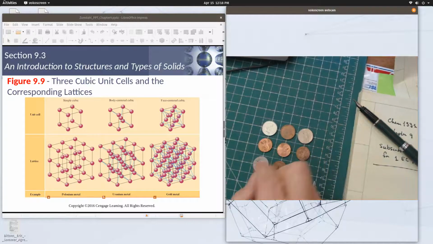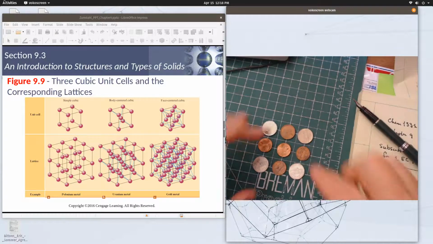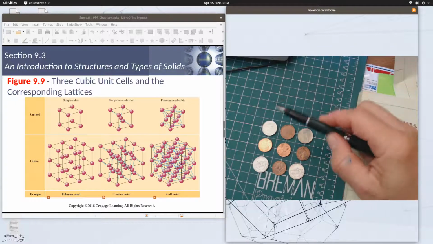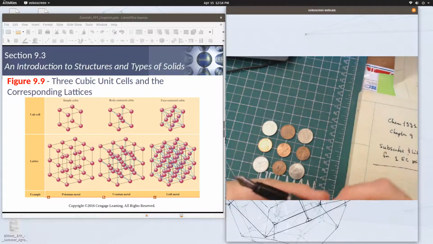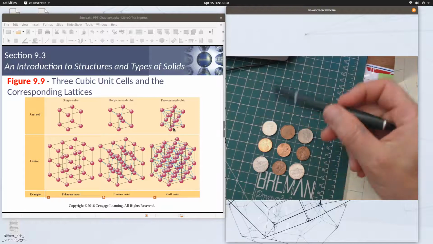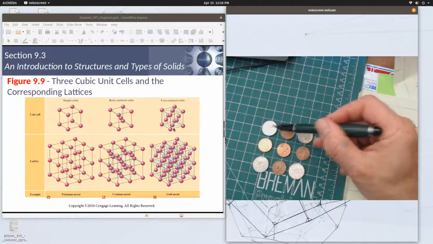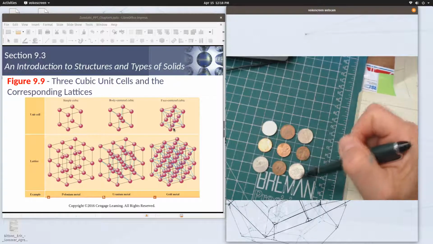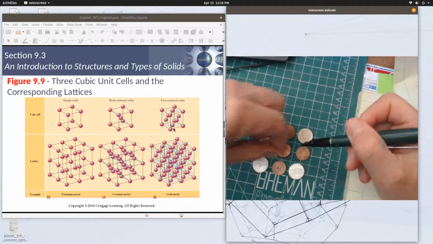Okay, so each face of this cube that I would have, like you can see drawn over here, in this face-centered cubic, I have 1/8 of a coin. If it's a 2-dimensional face-centered cell, it would be something more like this.